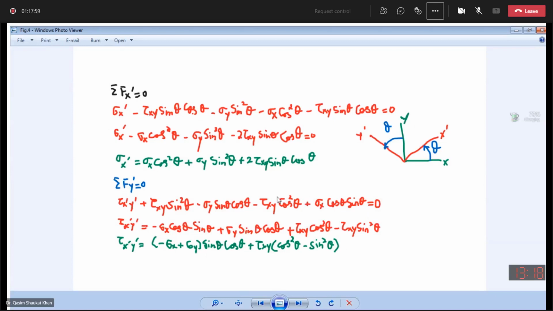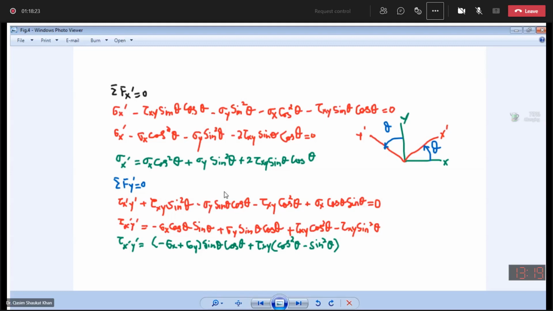Now what we will do, we will have tau x dash y dash. So these four coefficients I am going to take on the other side of the equation. Then that will become first minus sigma x cos theta sine theta. Then you have this one plus.